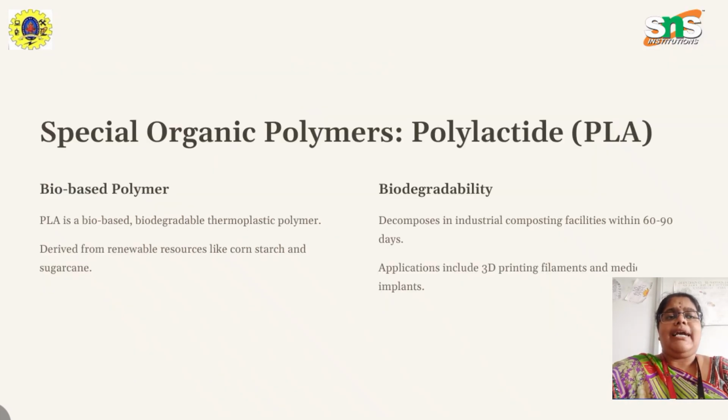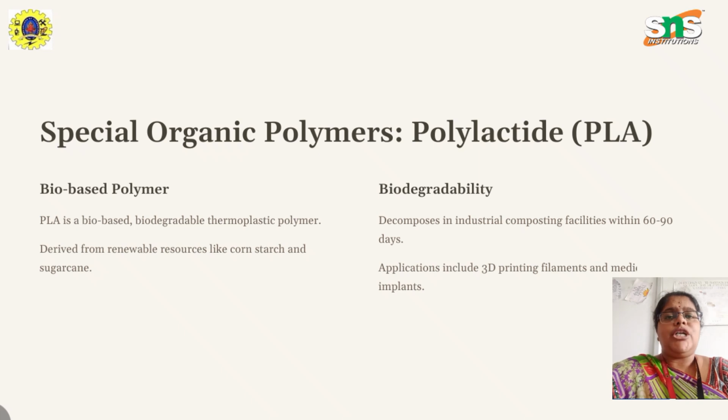Polylactide, represented by PLA in short form, is also a special organic polymer. It is a bio-based, biodegradable thermoplastic polymer derived from renewable resources like cornstarch and sugarcane.